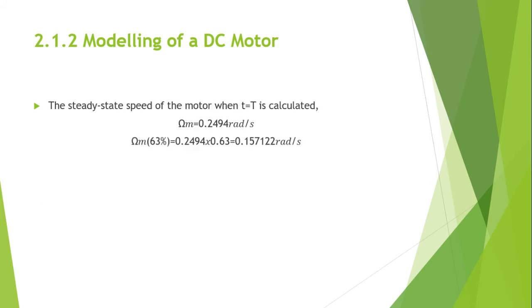Lastly, we search for the steady state speed of the motor when t is calculated. So omega m equals 0.2494, as given in the block diagram of 5 volt, and we multiply it by 0.63, which is the percentage of the settling time.